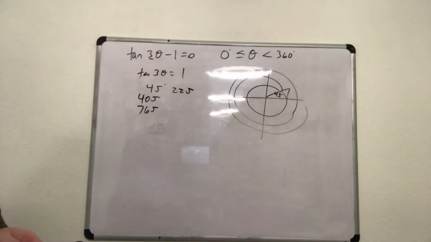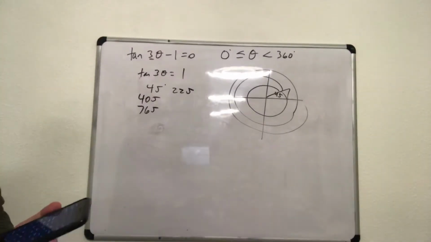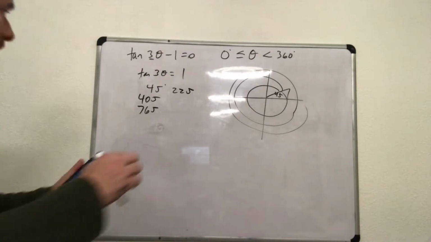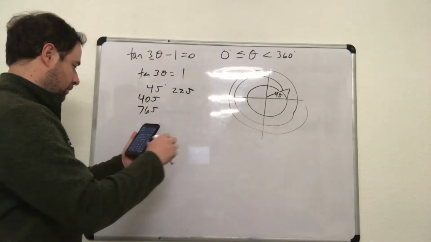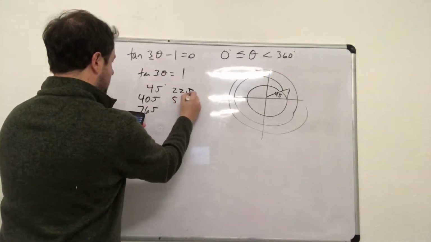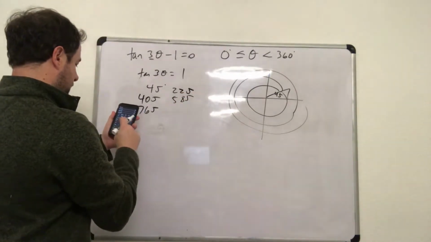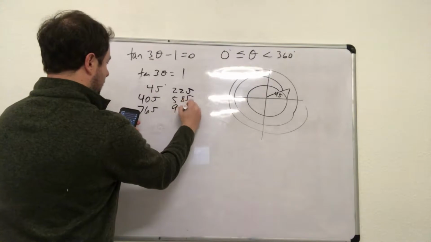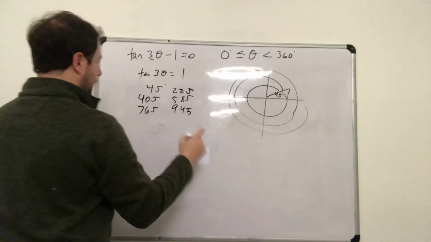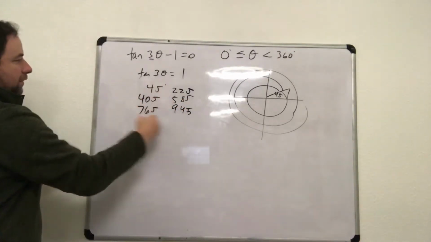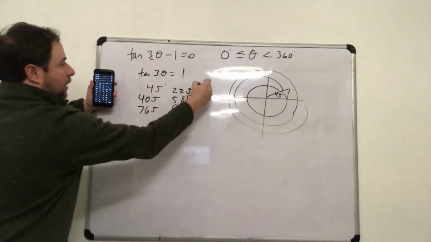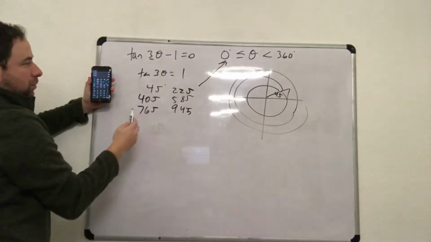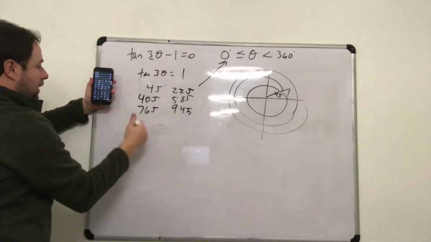Then we're going to do the same thing with 225. You get 585, add 360 again, we get 945. So these are the 6, but to get your answer, you're actually going to divide all of them by 3 because they have to be in between 0 and 360.